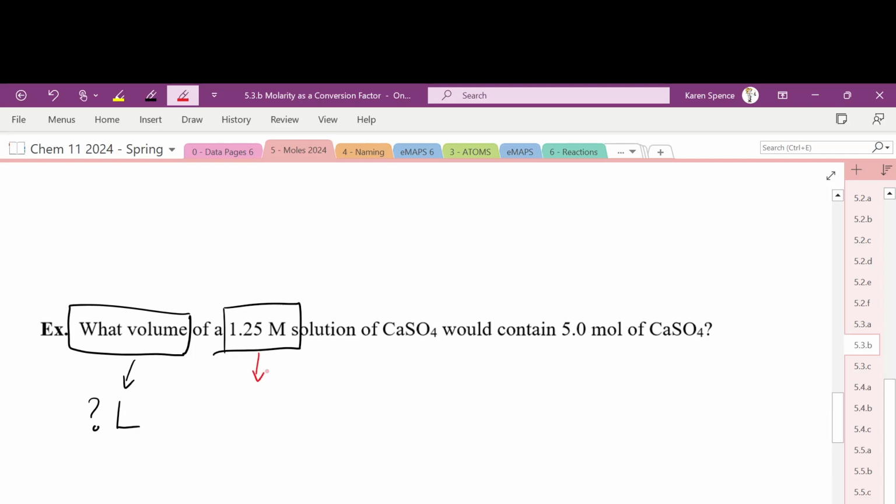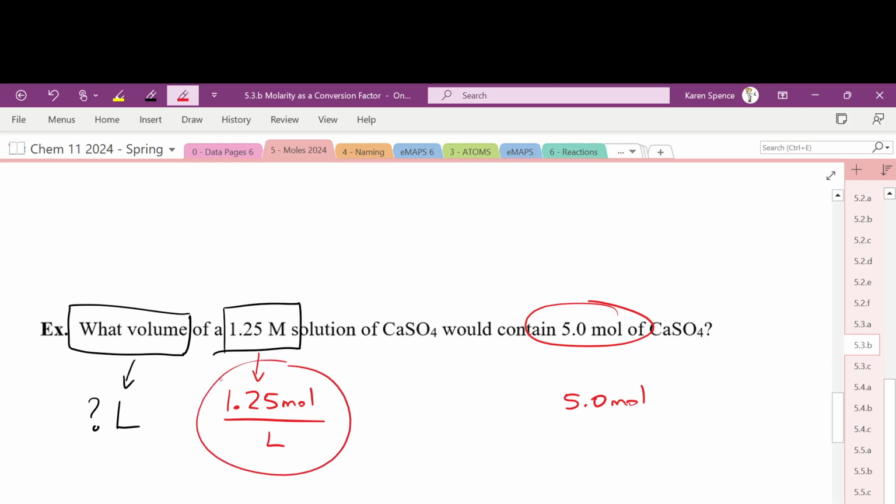How should we write 1.25 molar? We should write it as 1.25 moles over liters. And we know that we have 5.0 moles. We can convert between moles and liters if we have moles per liter.